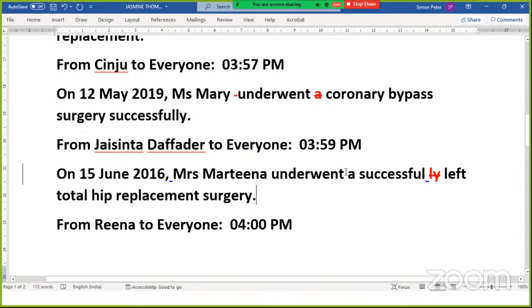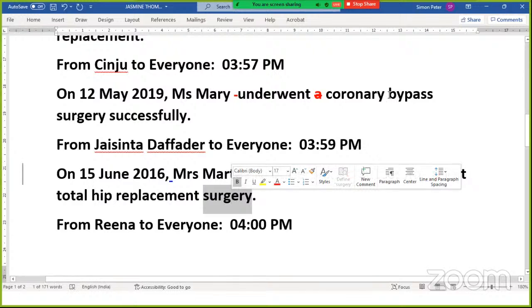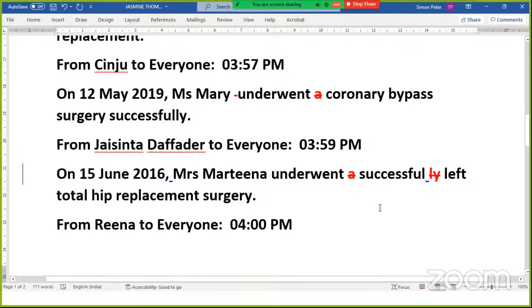Fine. But when you write surgery, you should not use A. Jacinta, is that clear? Yes, sir. So surgery is uncountable now, don't use A. And when you are using successfully, then you have to use after surgery.